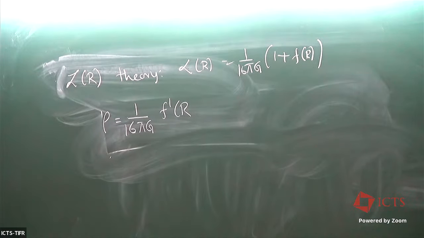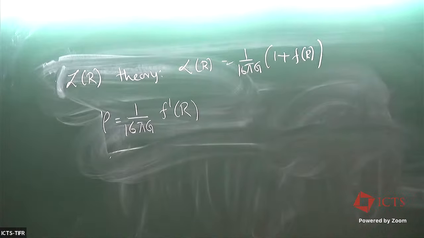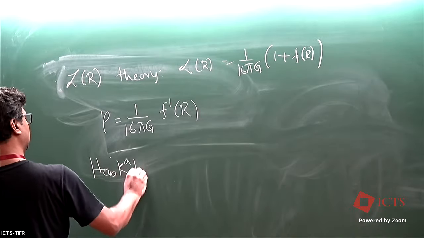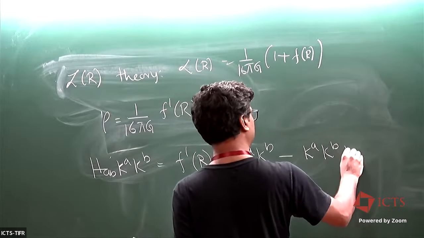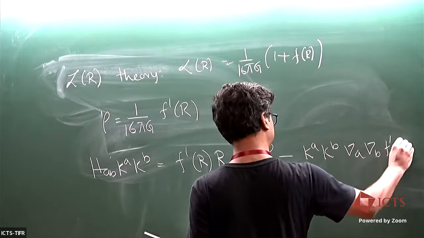Let's see what will happen. So what is the equation of motion of this theory? Vary this Lagrangian. I leave it for you to do. You will see H_AB K^A K^B is given by F prime R, R_AB K^A K^B, minus K^A K^B del_A del_B F prime R. This is the equation of motion of F of R gravity.